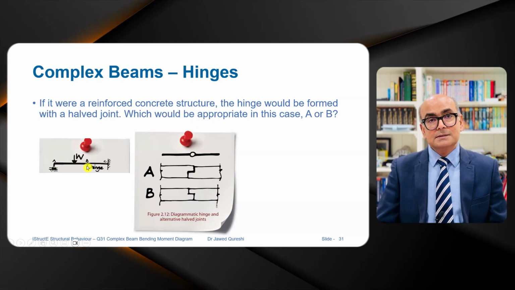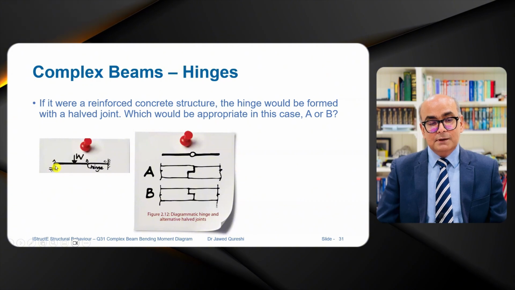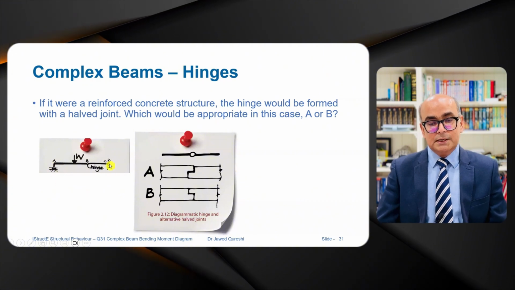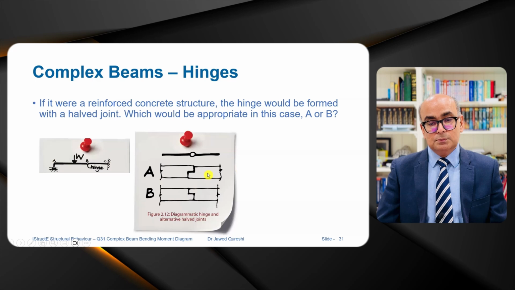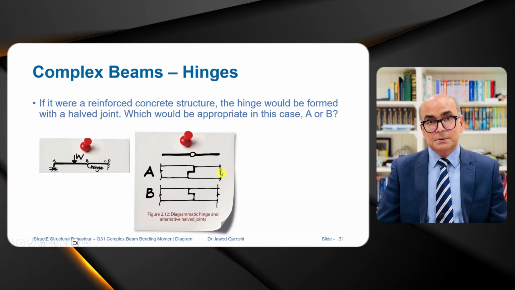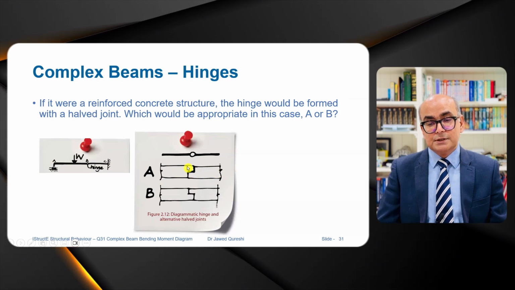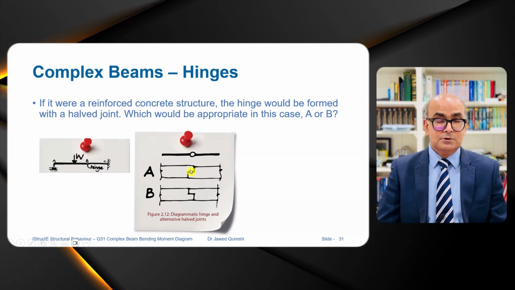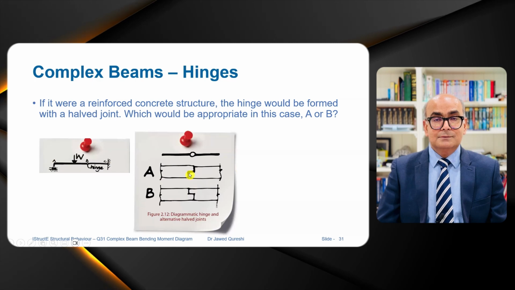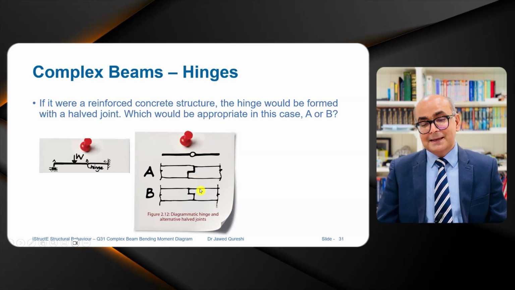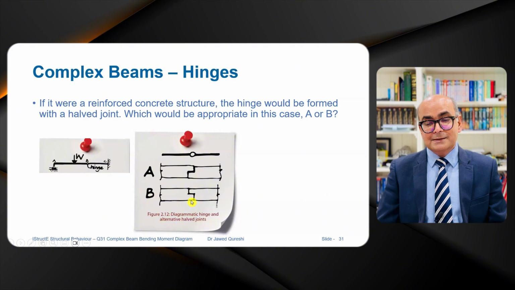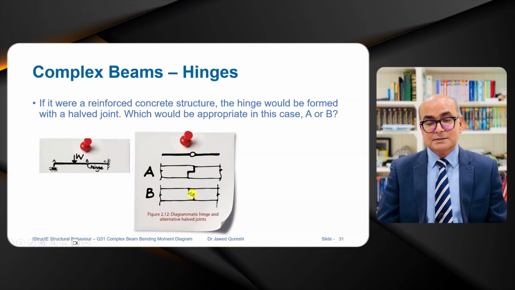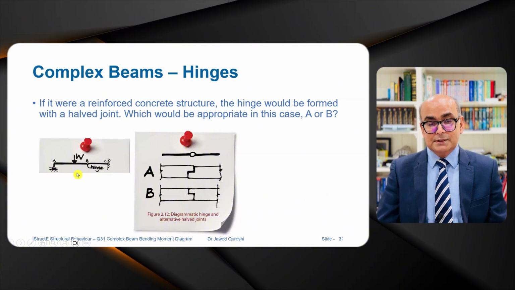Now here, see that we have a roller support over here. On the right side we have a fixed support. So the right side is going to be stronger. That's why the left side should be placed on the right side, because naturally it's the correct choice, isn't it? And for B, you can see that the right side is resting on the left side.